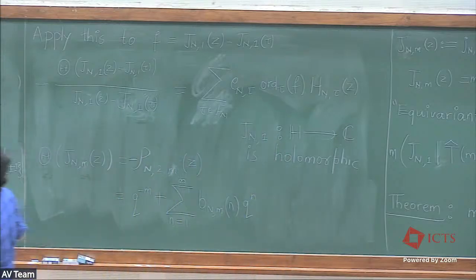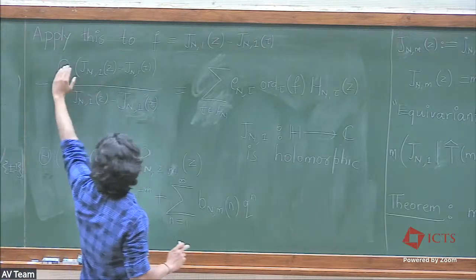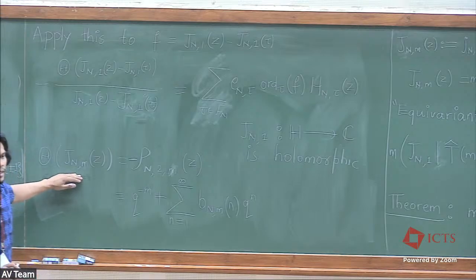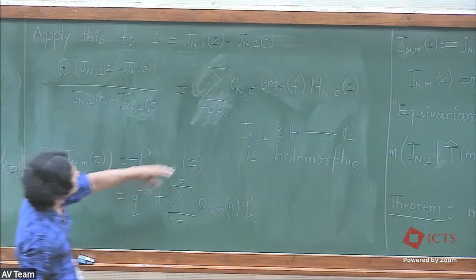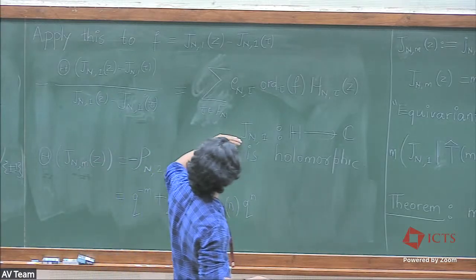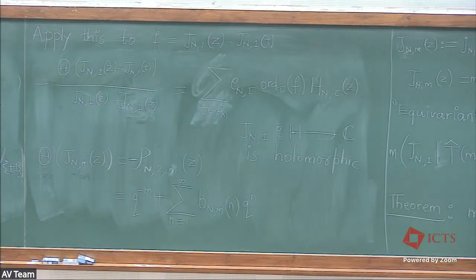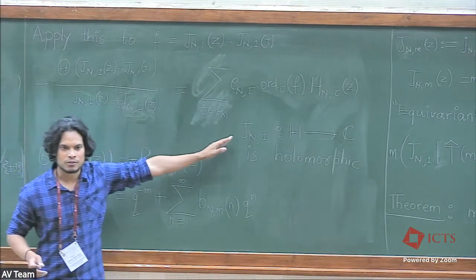Because this formula holds only for meromorphic modular forms, so this must be at least complex analytic. And the Jns that we have here are harmonic mass forms, so they are just smooth, they are not analytic. So we need to assume that these functions are holomorphic on H for this identity to hold. And that's why when we prove the infinite product identity, this assumption is also useful there.